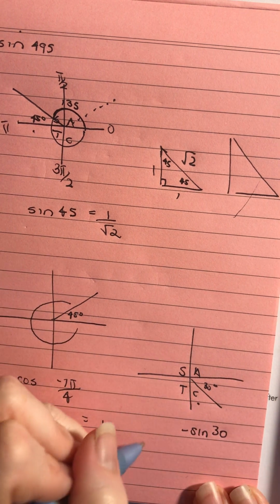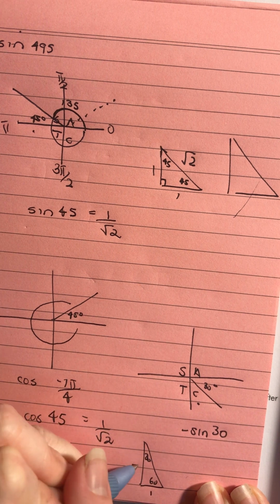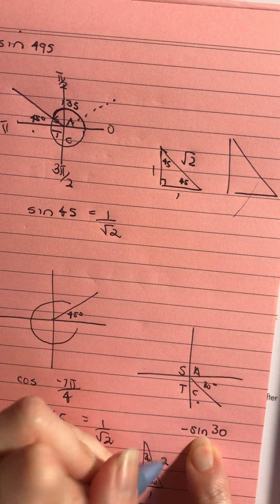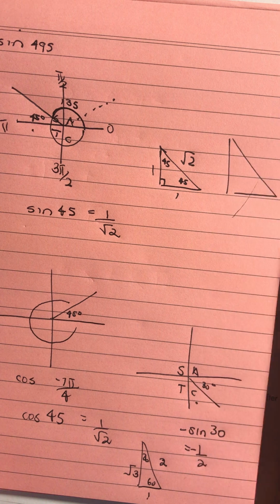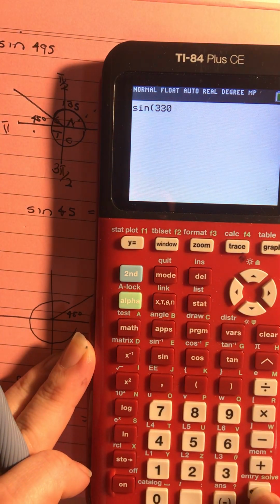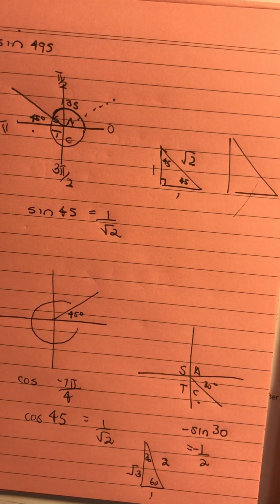And then I just need my exact value for 30, so I've got my 60-30 triangle, my 1, root 3 and 2, and for sine it will be opposite over hypotenuse, so that'll be 1 over 2. And it's going to be negative. And then I can double check that because I had sine of 330 and I get negative a half, which is what I worked out using my exact values.